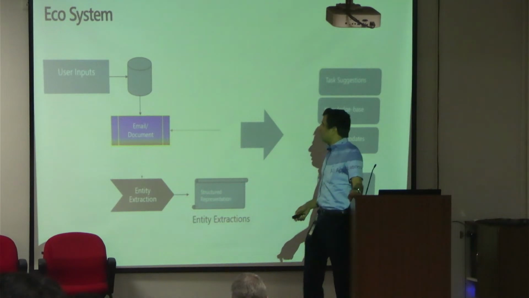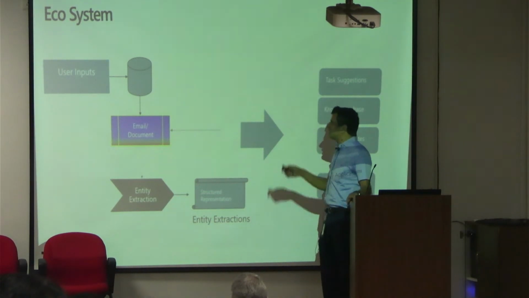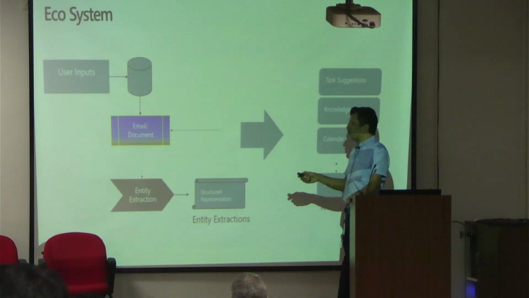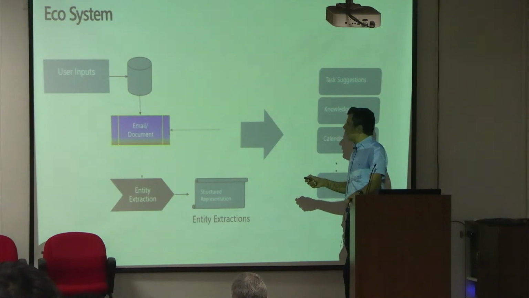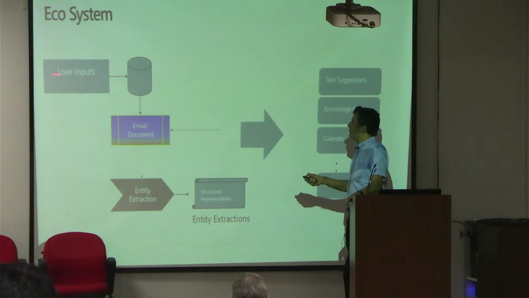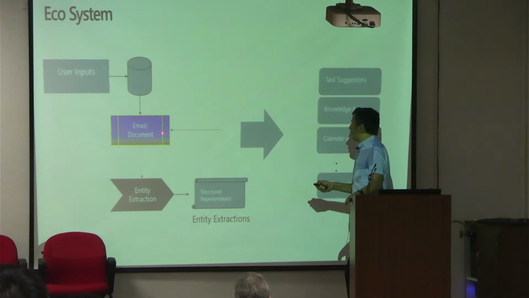So this is the ecosystem which we have. User inputs are there, and say, for example, Outlook will create an email, and for those emails we do the entity extraction.